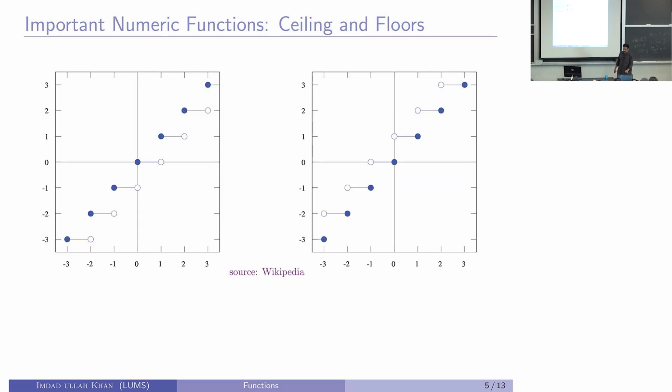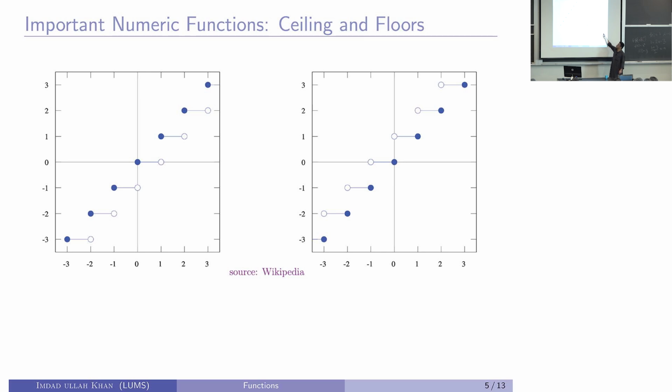So, this is how you plot the function. This is a numeric function, we can plot it. This is the ceiling. What is the ceiling of 2.3? You start going to the right, the first integer you hit is going to be your answer. So, it is 3.